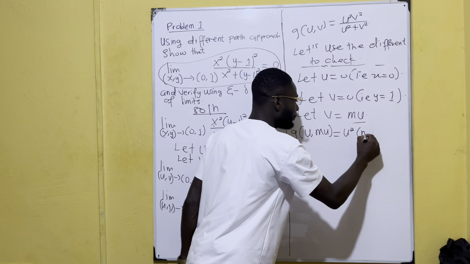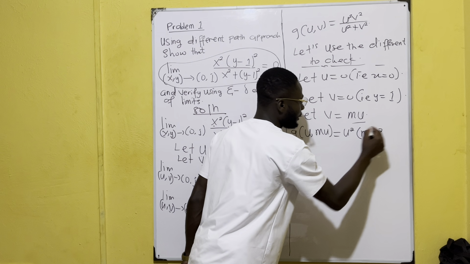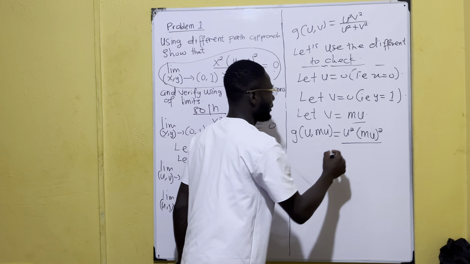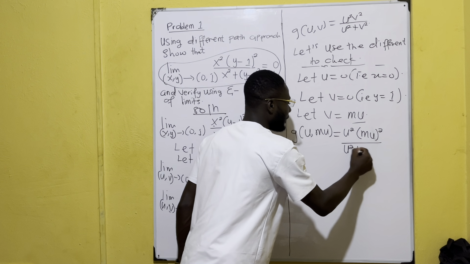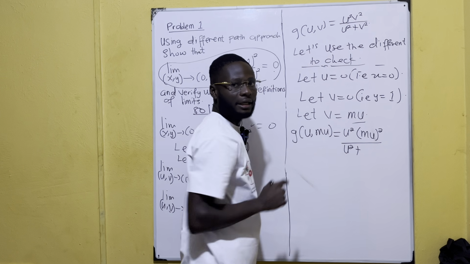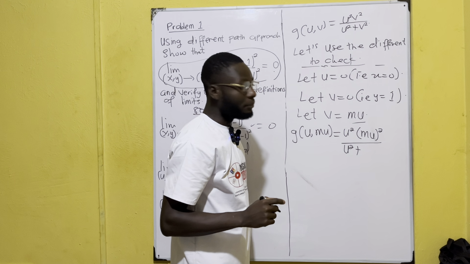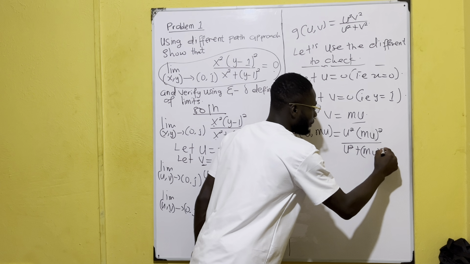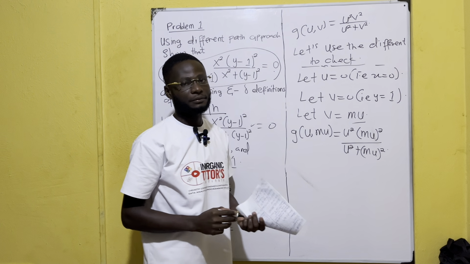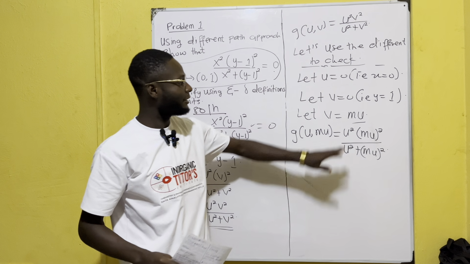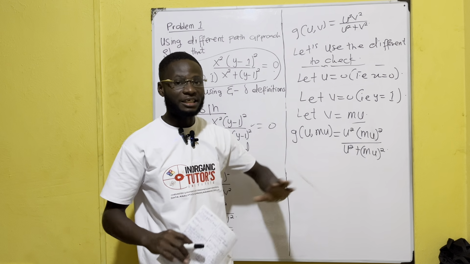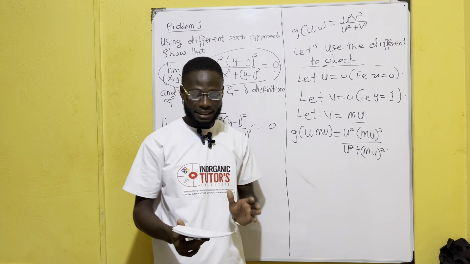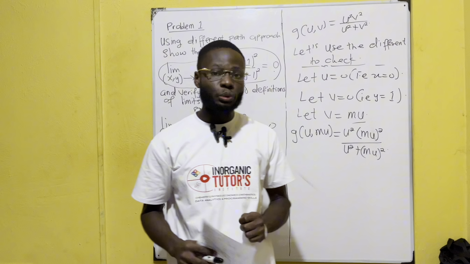So we have mu squared divided by u squared plus mu all squared. Remember, v equals mu is a straight line through the origin.